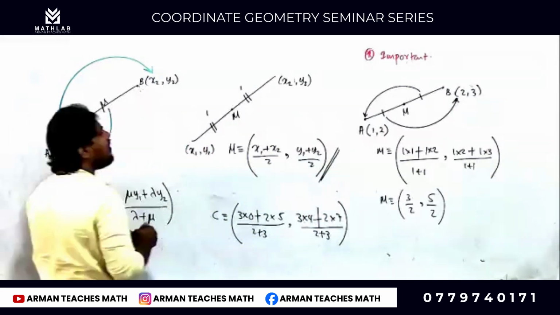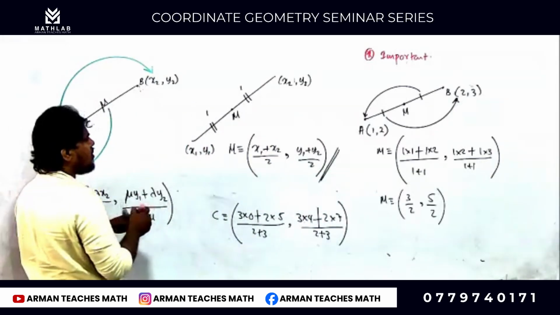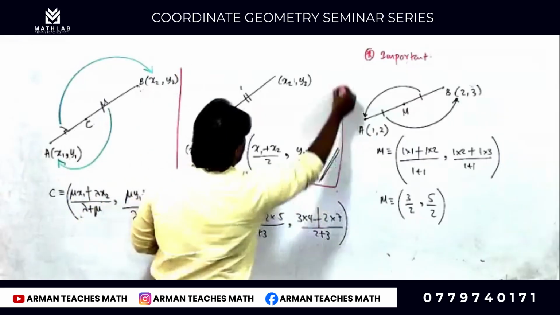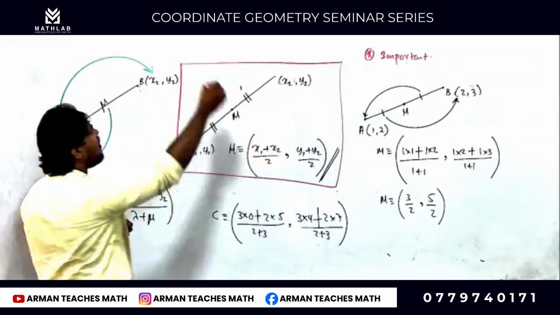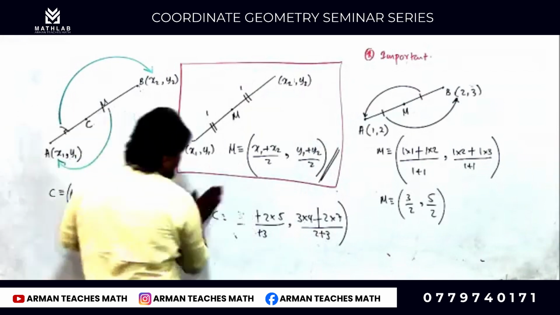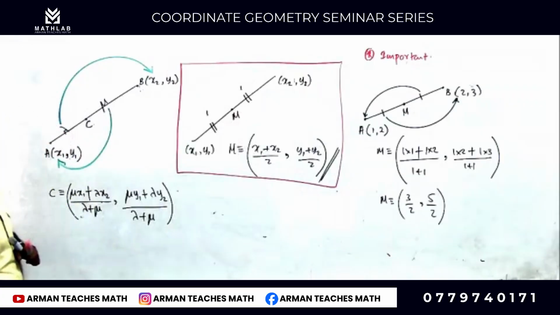Easily you can get the coordinates of the midpoint. This is important, because when it comes to midpoints, this idea must stay in your head. So write down this example and this pattern as well under important. When it comes to the midpoint, add the x coordinates and divide by 2, add the y coordinates and divide by 2.